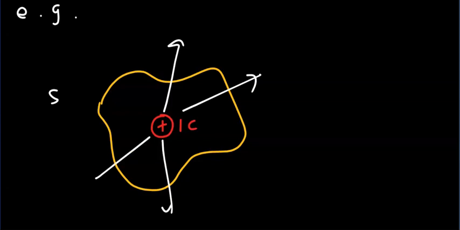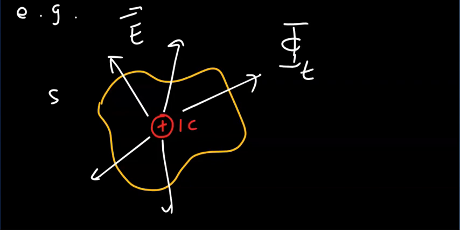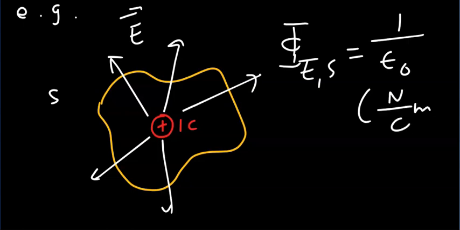And if you ask what is the electric flux through this surface S due to that electric field E, the computation is simple. The electric flux through that closed surface is quite simply the net charge, only 1 coulomb, over epsilon naught, in units of newton per coulomb meter squared.